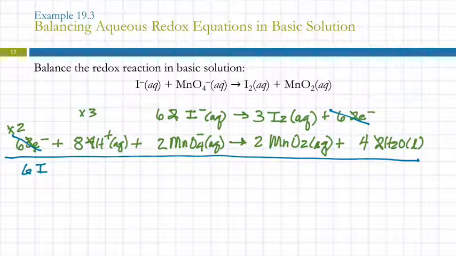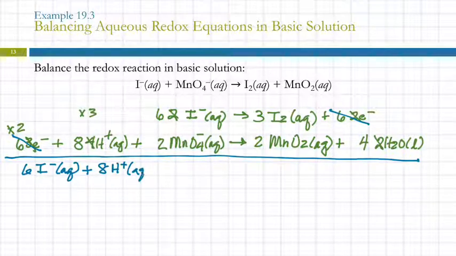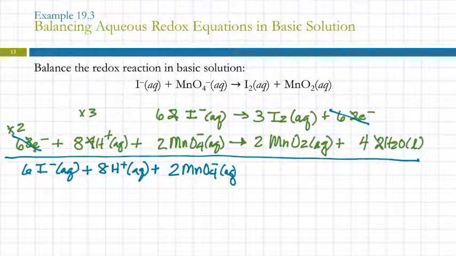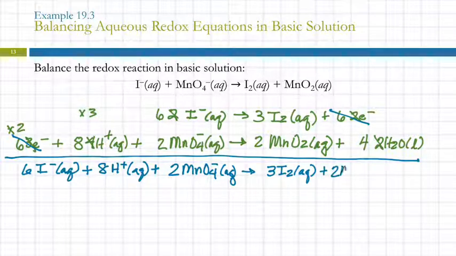So I've got 6 I minus, and I've got 8 hydrogen ions, and I've got 2 permanganate ions. And then over here I have 3 iodine molecules and 2 manganese dioxide and 4 water molecules.